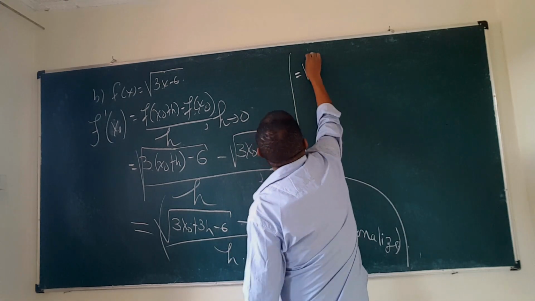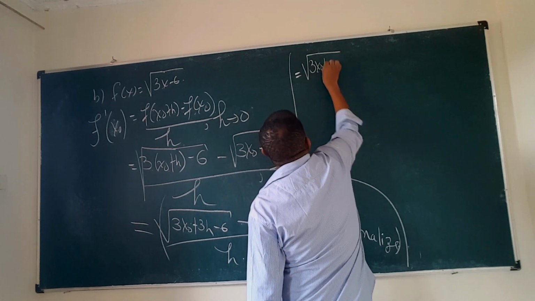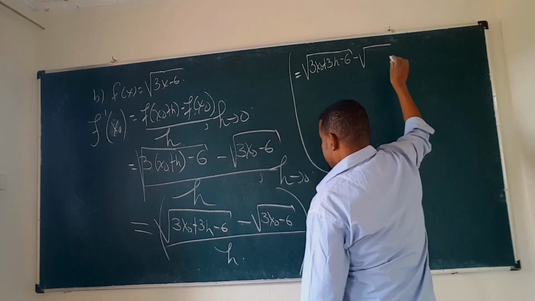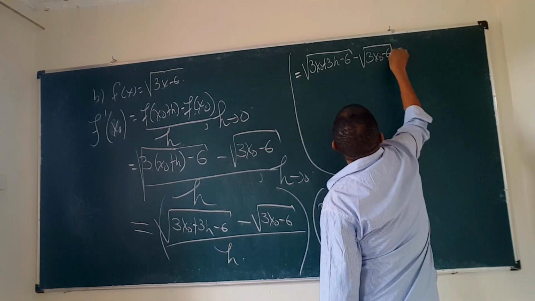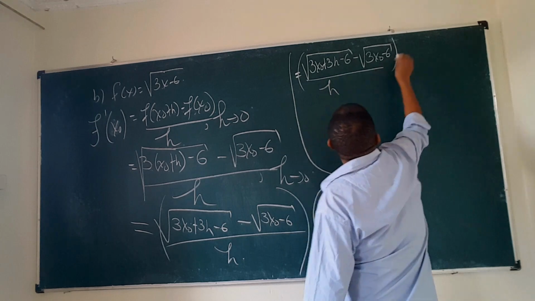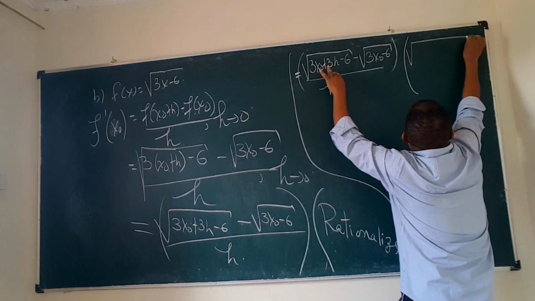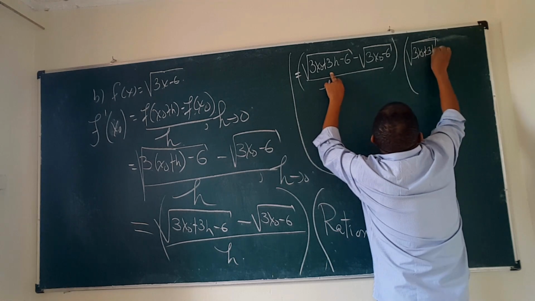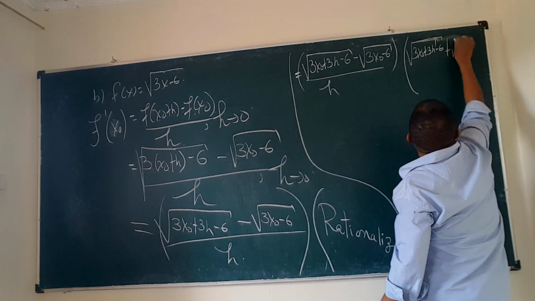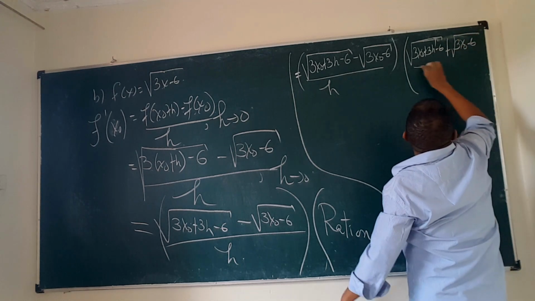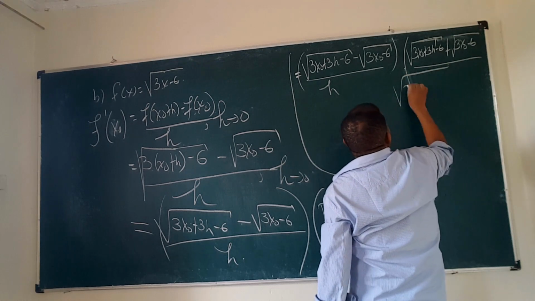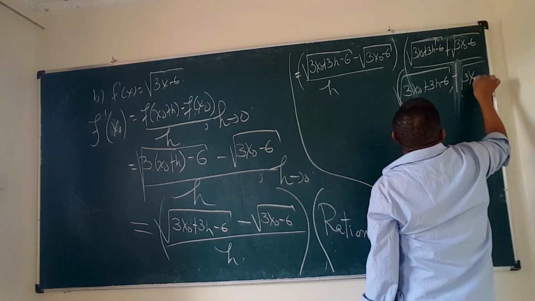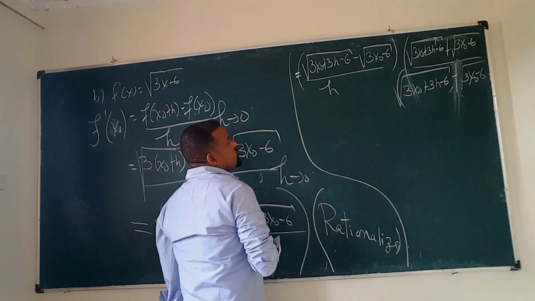So that will be radical of 3x naught plus 3h minus 6 minus radical of 3x naught minus 6, over h, times radical of 3x naught plus 3h minus 6 plus radical of 3x naught minus 6, over radical of 3x naught plus 3h minus 6 plus radical of 3x naught minus 6.